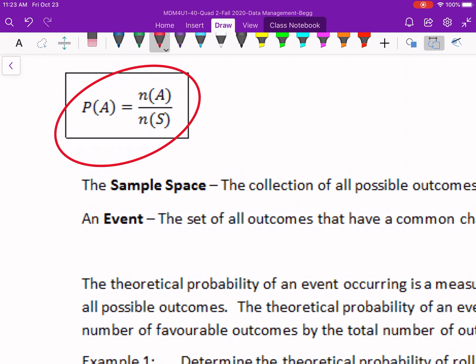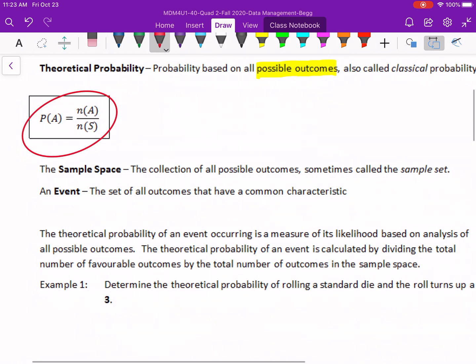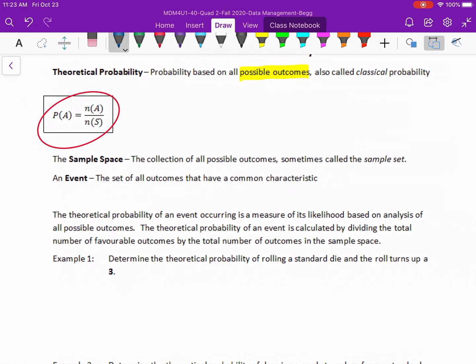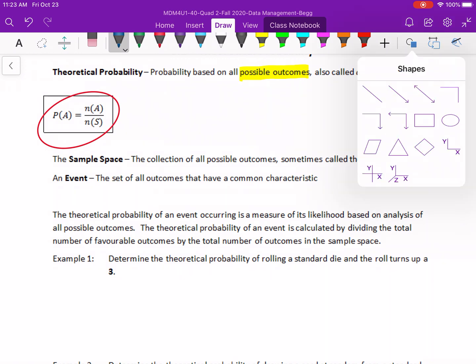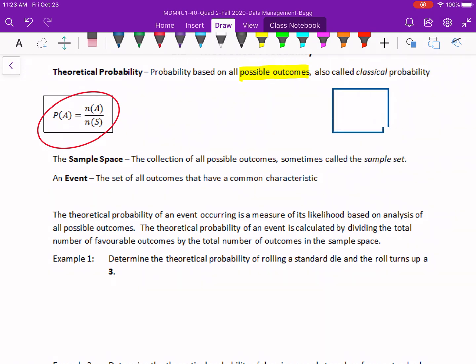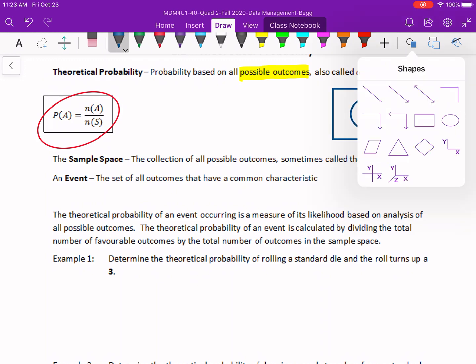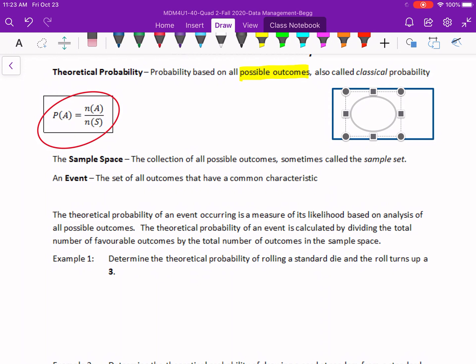So the sample space, if we think about it in terms of a Venn diagram, remember Venn diagrams from elementary school? Let's draw a nice Venn diagram. So if you got some sort of box, and then inside the box we put some circles. Let's get another one and overlap them.